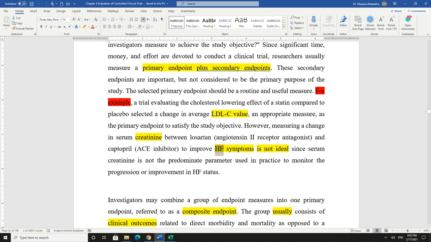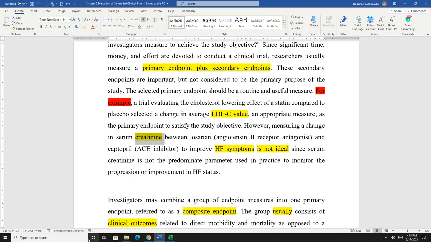Okay, if you are trying to see the effect on heart failure, I cannot choose creatinine, for example, as the endpoint. Creatinine, do you know what creatinine is? If you studied pharmacokinetics, creatinine is measured from the blood samples, from the serum. You measure the concentration of the creatinine.